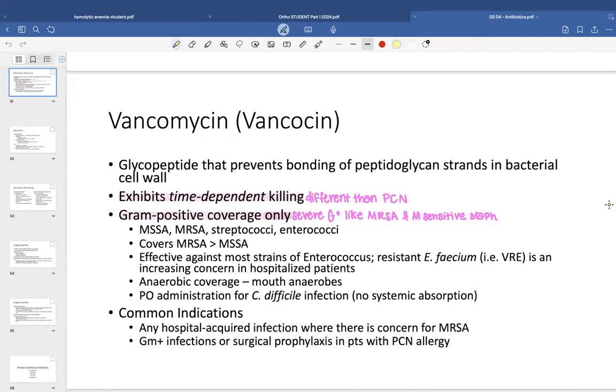You'll recall C. diff is often a bug that grows out as a result of more broad-spectrum antibiotics clearing out the good flora. So when you treat someone with broad-spectrum antibiotics, you kill off a lot of the gut flora. It allows the C. diff to overgrow. And C. diff, I believe, excretes a toxin that can cause diarrhea.